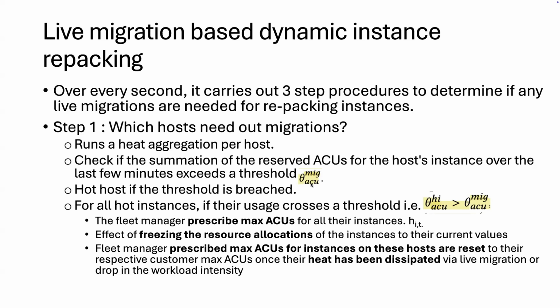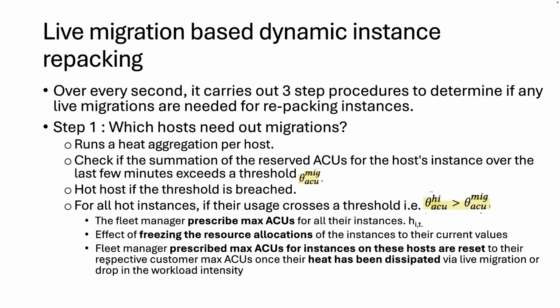They haven't mentioned in the paper how this threshold is defined, but in my understanding, I assume it is defined at a fleet level. We call a host hot if the current reserved ACU combined over all instances exceeds this threshold.